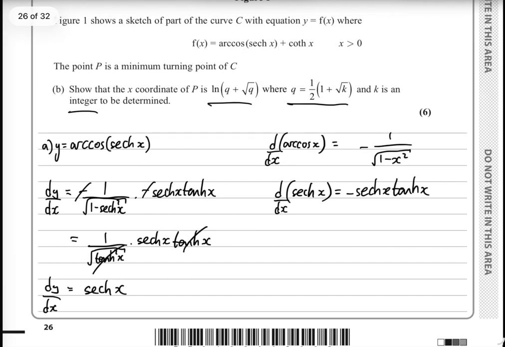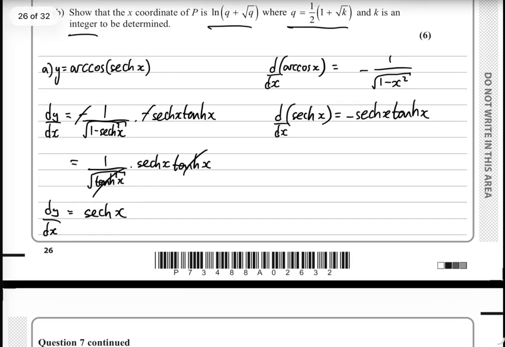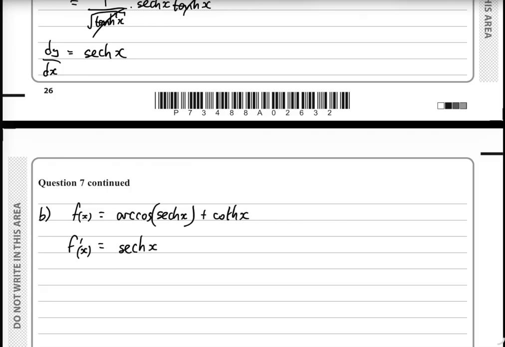We've already got part of it done, and coth, I'm going to jump back over to the formula booklet in a second. So if f of x is arc cosine sec x plus coth x, the first derivative, we've got, from what we've just done there, sec x plus something from the formula booklet.